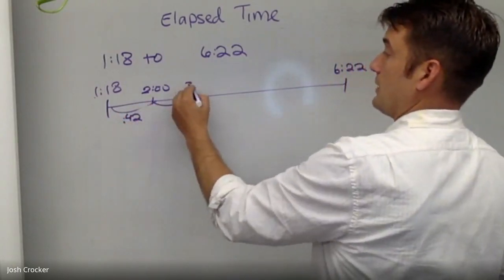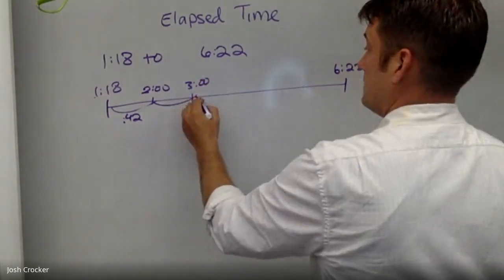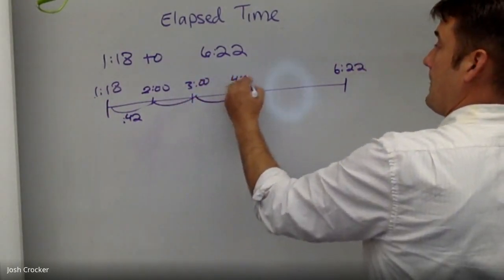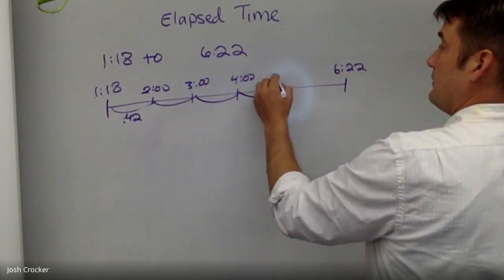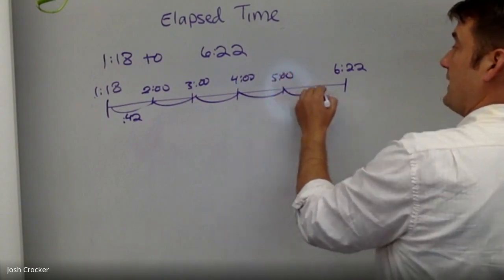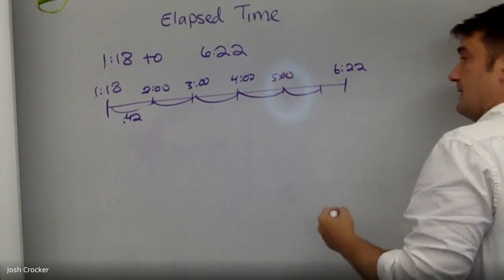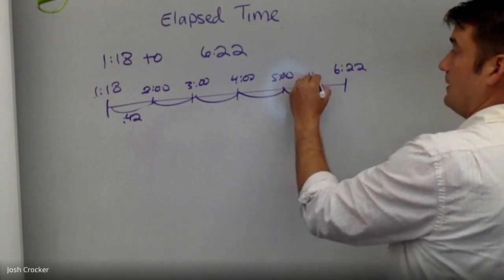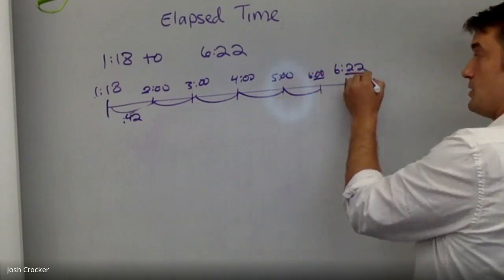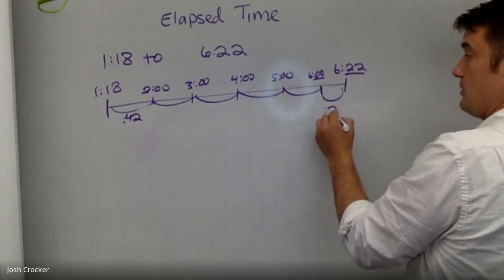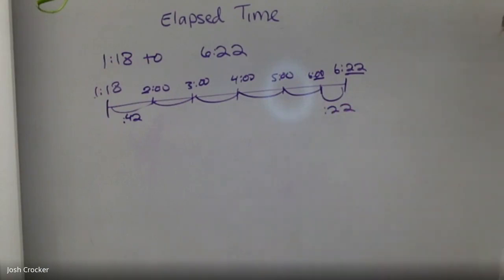Okay, 2 to 3, an hour, 3 to 4, an hour, 4 to 5, an hour, 5 to 6, an hour, and then from 0 to 22 is 22 minutes. Okay?